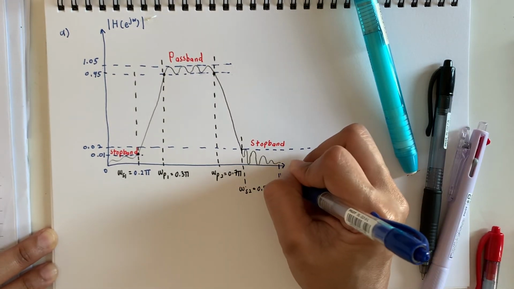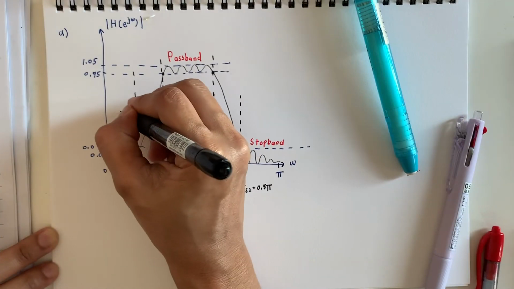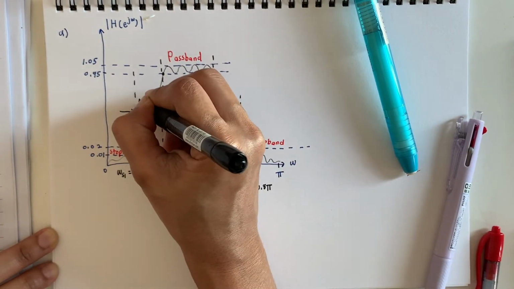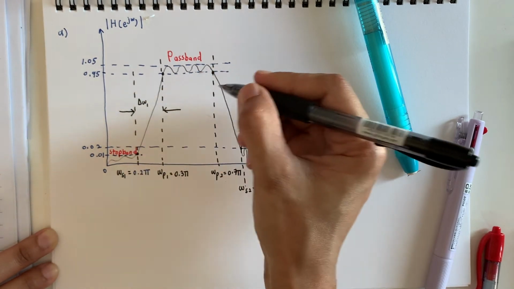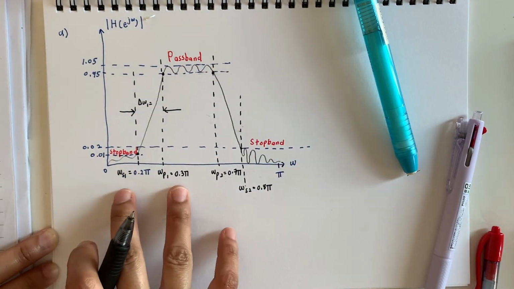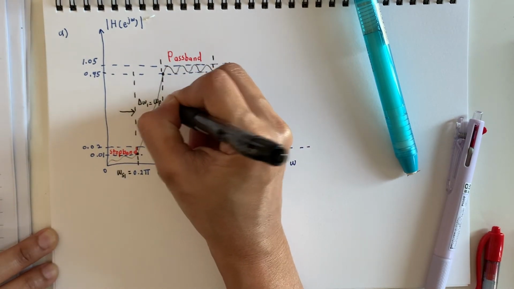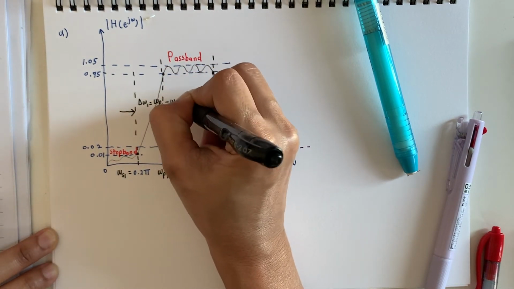Here is pi. So we are going to have two delta omega values. The first delta omega is from here to here, so it is omega P1 minus omega S1.